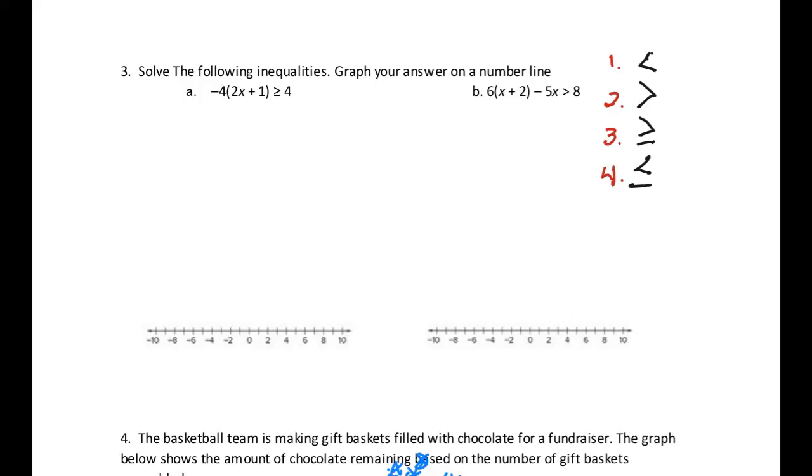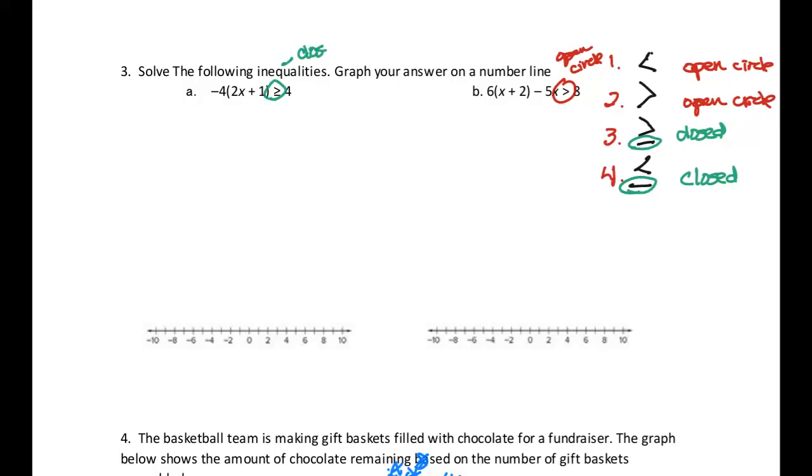I was thinking more over here, so 1 and 2, that would be an open circle. And yes, this one is going to have an open circle. Which means these would be closed, and it's because of this equal sign right there. So this one is also going to be closed.